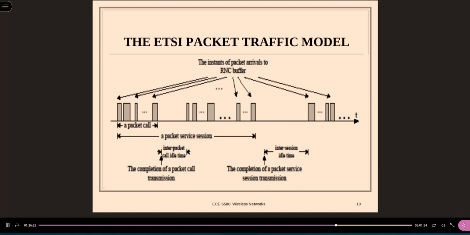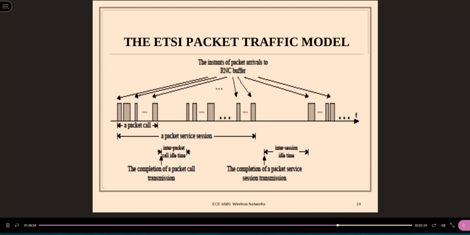Now you have to remember how packet communications differs from, let's say, voice traffic. In packet communications, you're trying to transmit a file, and the file is a very long one, let's say millions and millions of bytes of information. And if you were to access a channel and keep that channel for the duration it takes to transmit your entire file, you would basically hog the channel and shut out everybody else for that long period of time.